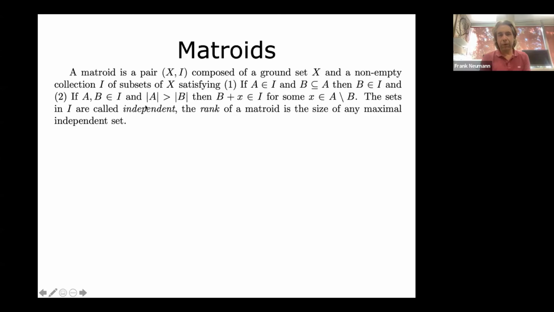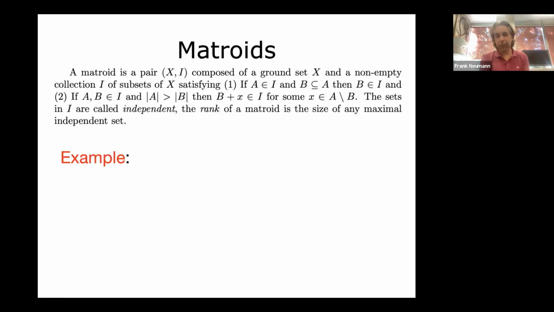And if you have A and B in that collection, but A is larger in size, then you can add an element to B that is not currently in B, but in A. Okay, and the sets are called independent, and the rank of a matroid is just the size of any maximal independent set.